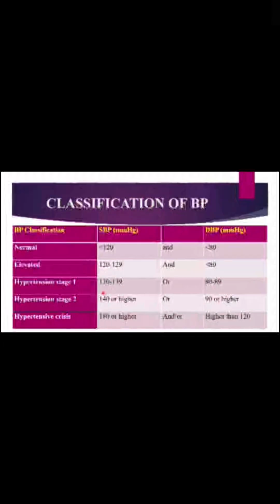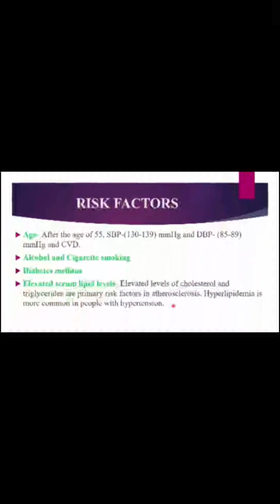Then hypertension stage 1: 130 to 139 mm of Hg and diastolic 80 to 89 mm of Hg. Then hypertension stage 2: systolic 140 or more and diastolic 90 or more. And hypertensive crisis: systolic 180 or more and diastolic more than 120 mm of Hg. So this is the classification of blood pressure.